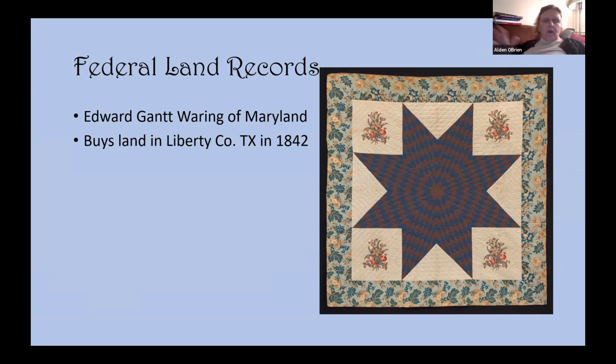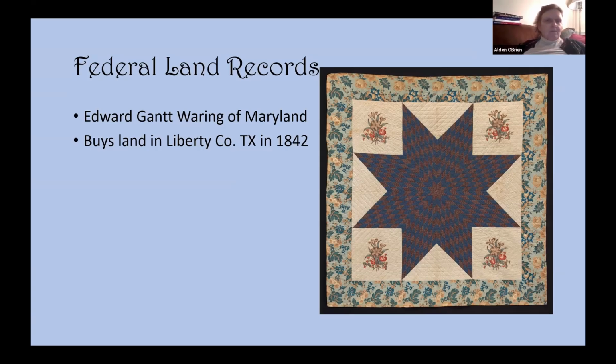I opened this up to the group to discuss later. I've always kind of thought that the blue and the brown are a lot more basic, maybe there just wasn't a great selection of fabrics at the stores in Liberty County, Texas. And so she had this nice chintz for her corners, but the blue and the brown doesn't seem to go as well.